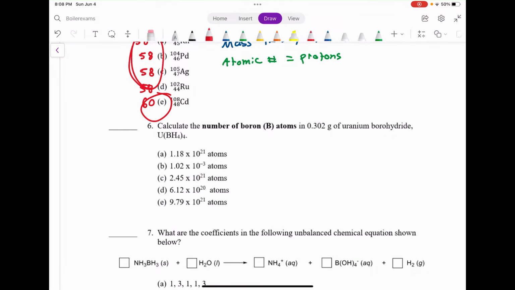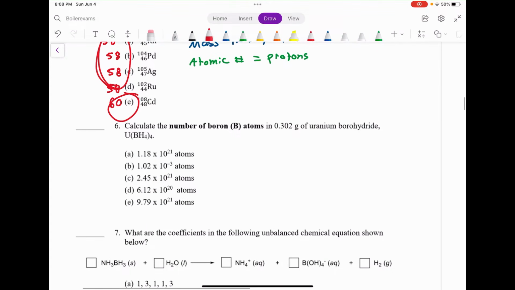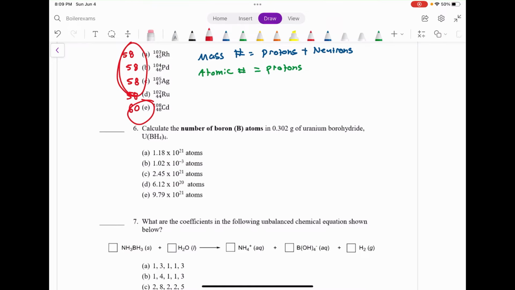Number of boron atoms in a point that many grams of uranium borohydride. Okay. So in 1 mole of this species, we have 4 moles of boron. Not sodium borohydride, uranium borohydride.